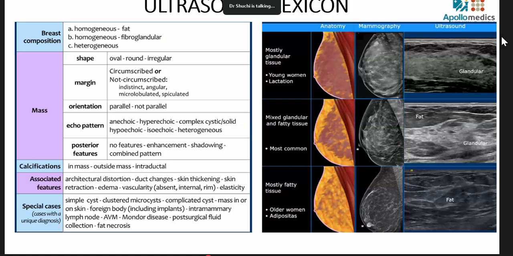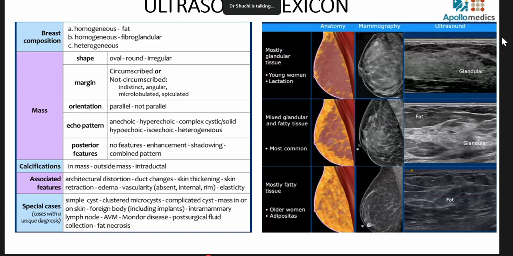Then margins, circumscribed or non-circumscribed. Orientation, parallel or not parallel. Parallel is along the axial plane of the breast. Then not parallel. The echo pattern: anechoic, hyperechoic, complex cystic and solid, isoechoic, heterogeneous. Posterior features: no features, enhancement, shadowing, or combined pattern.